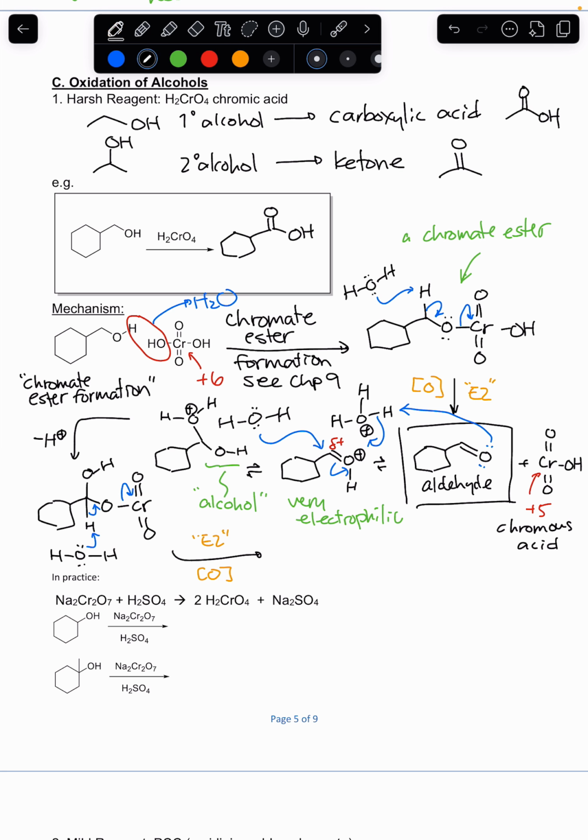But nevertheless, what that gives you, I want you to notice, is this carbon-oxygen double bond. So you get the carboxylic acid product, and then chromium now becomes this species that is only a +4 oxidation state, so it got very much reduced.